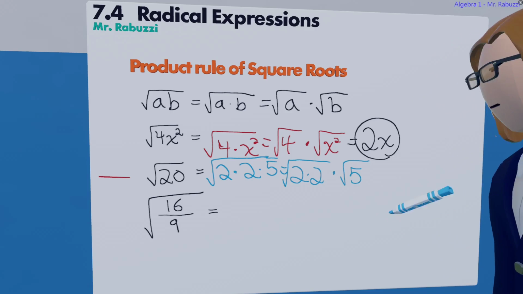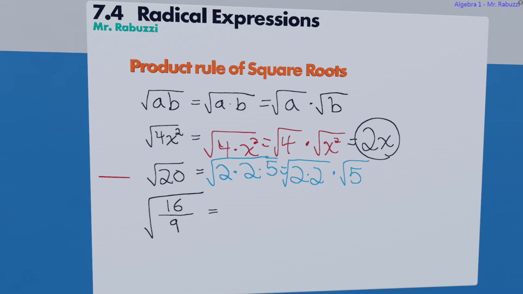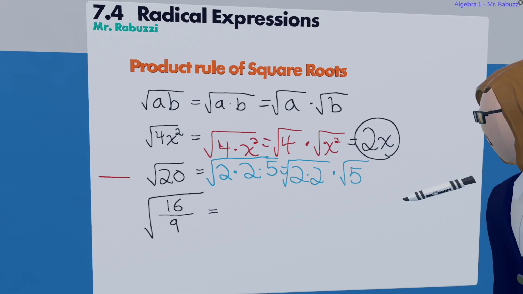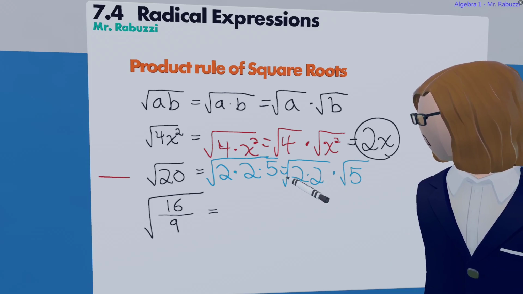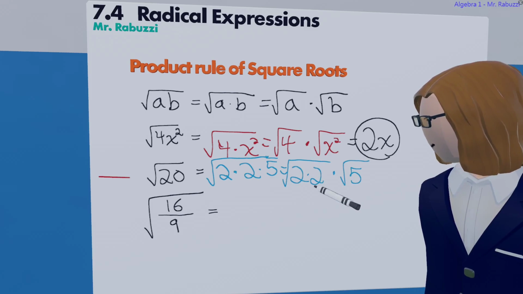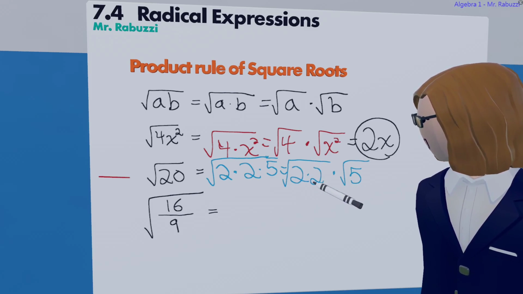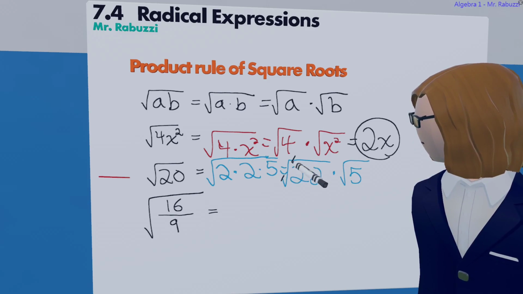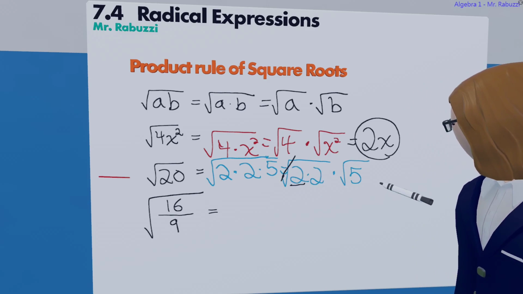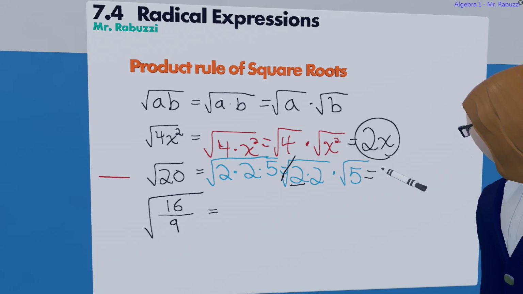Okay? So now I remember, if you have a radical with 2 of the same number or 2 of the same letter, we can delete the radical and get one of the letters or numbers outside. So here we go.